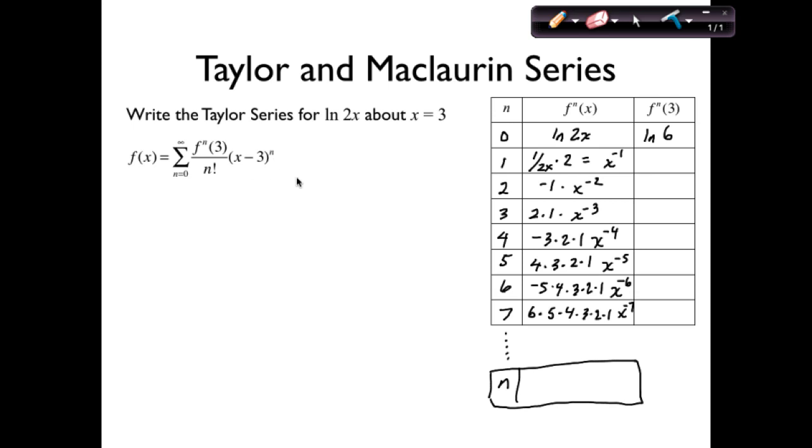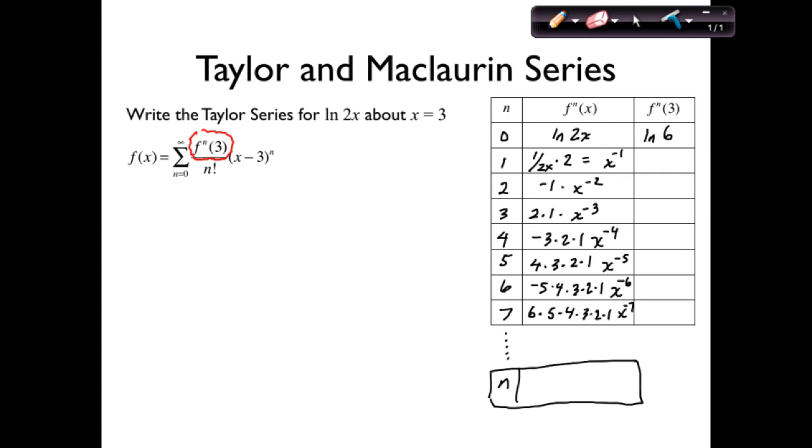So then we have the general term when we put all that together. But this table is really just helping us get this right here, right? The derivatives at 3, and then a general formula for the nth derivative at 3.